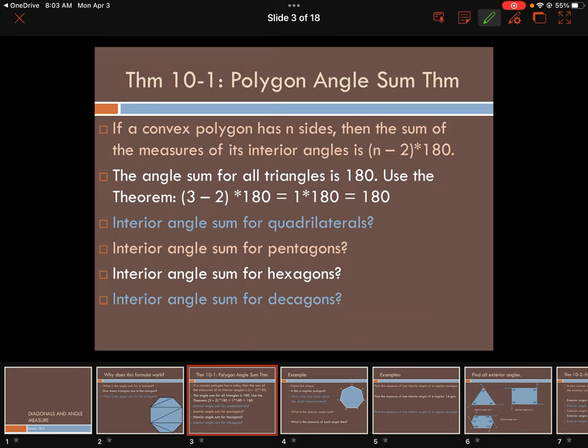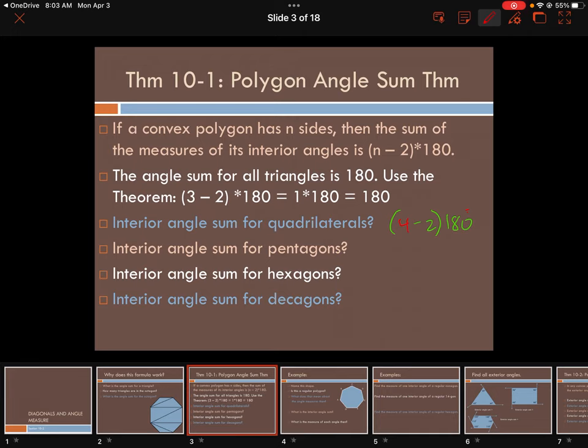Now, we know the angle sum for all triangles is 180. So if we're calculating interior angle sums for triangles, you put a 3 in for n. 3 minus 2 is 1, and 1 times 180 is 180. So what's your interior angle sum for a quadrilateral? Well, we already calculated it, but what you would be doing is entering 4 in for n, because quadrilaterals have 4 sides.